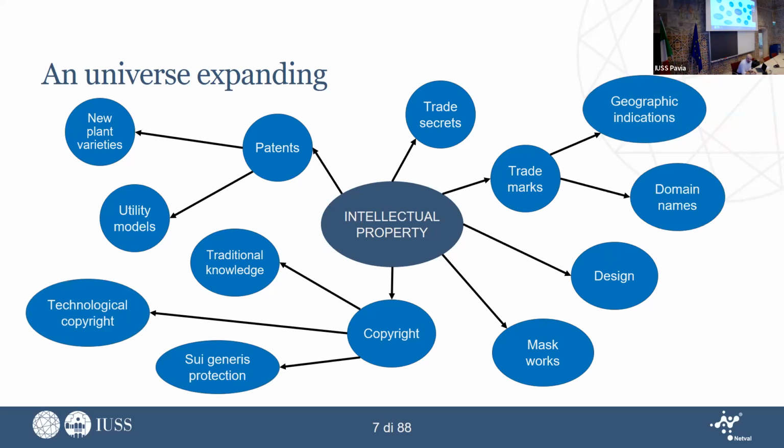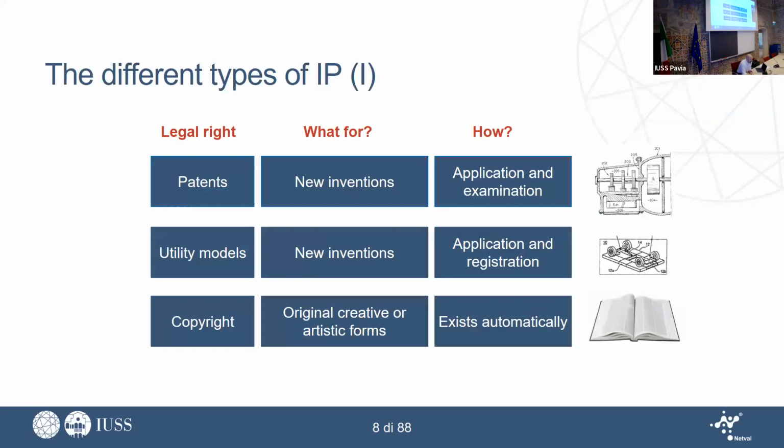We have some different types of intellectual property, like patents, utility models, copyright, trademarks, registered designs, and trade secrets. There are 2 slides.